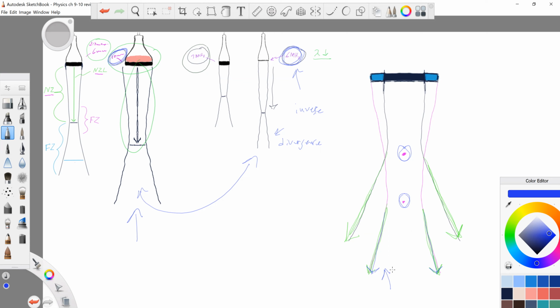Well, in the near zone, this diameter corresponds to this larger aperture. So if this larger aperture increases, then the diameter in the near zone, of course, is going to increase as well.